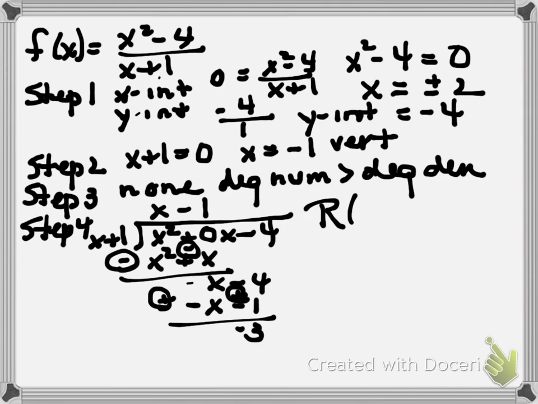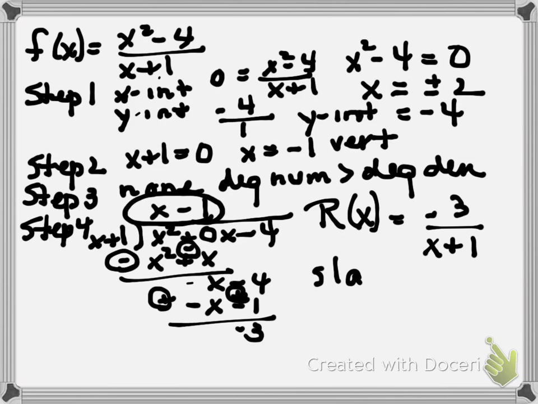So I have a remainder of negative 3 over our divisor of x plus 1. The degree in the numerator is less than the degree in the denominator, so I know I have a slant asymptote, and the equation is going to be y equals x minus 1. I don't know if I said that correctly.